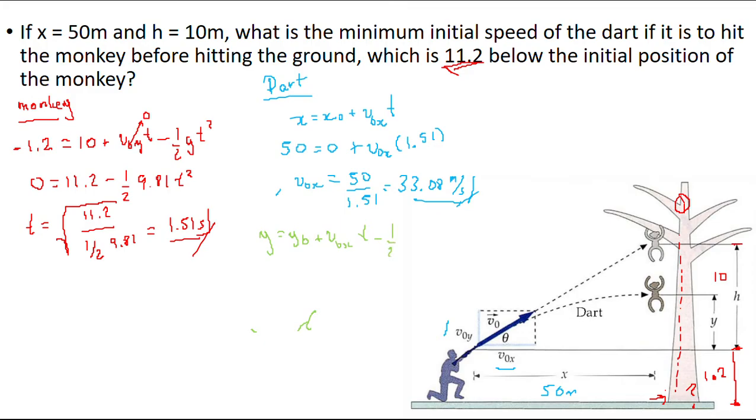That's half of gravity times t squared. I should repeat that this sign is negative because gravity goes down. We want to hit the monkey just before it hits the ground, so we can say that this y is going to be minus 1.2. The initial position is going to be 0.